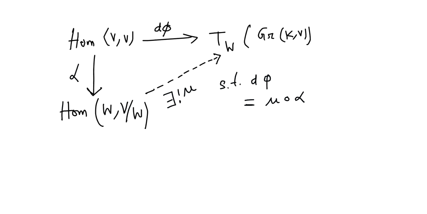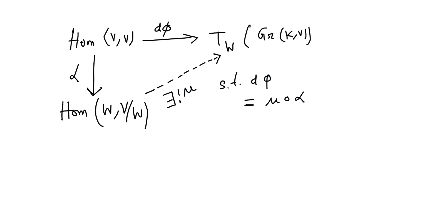because your map d phi takes hom(V, V) to T_W Gr_k(V), and then you have this map from hom(V, V) to hom(W, V mod W).